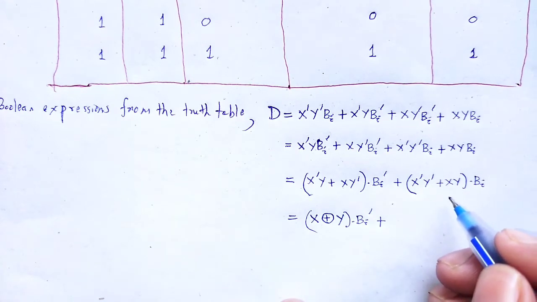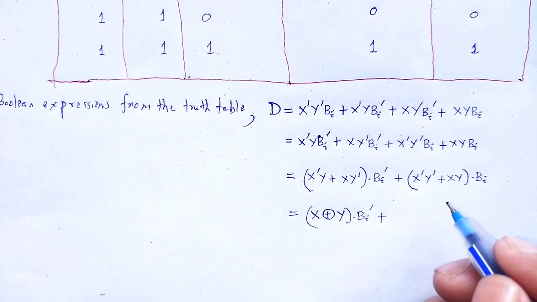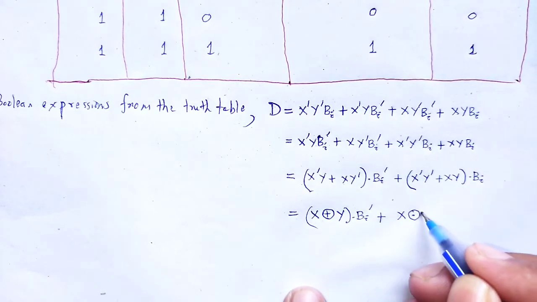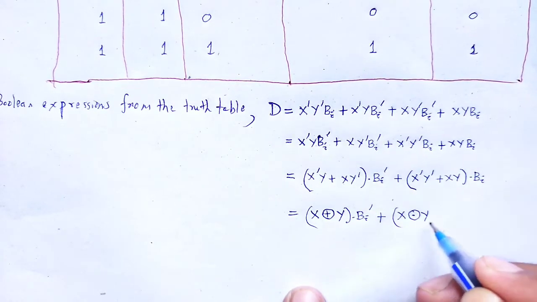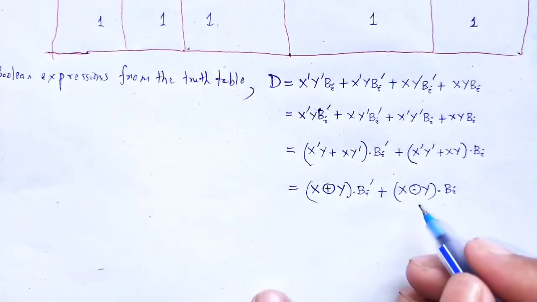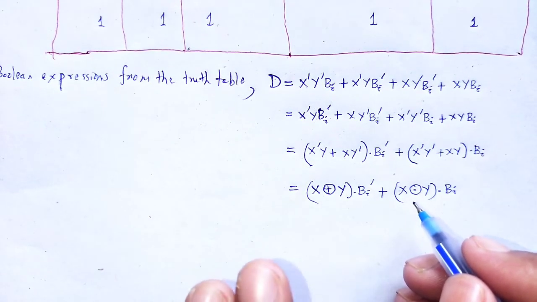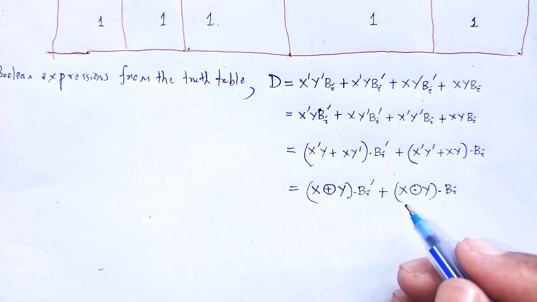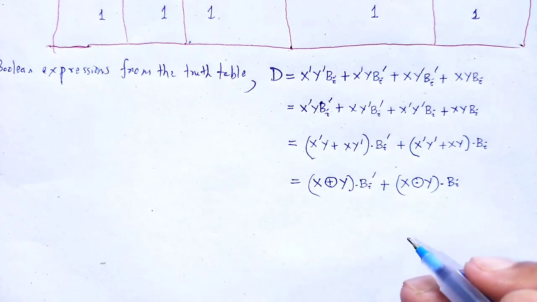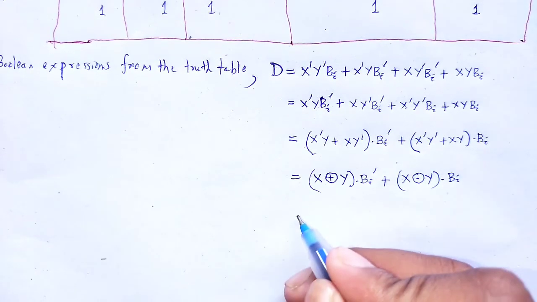Again here, that is the definition of XNOR gate. So x XNOR y, bi. So XNOR is the reverse of XOR. So we use the prime of XOR instead of XNOR.